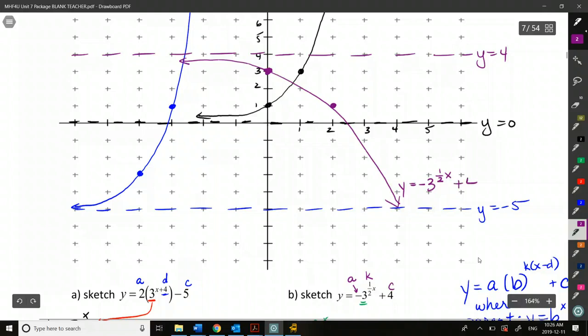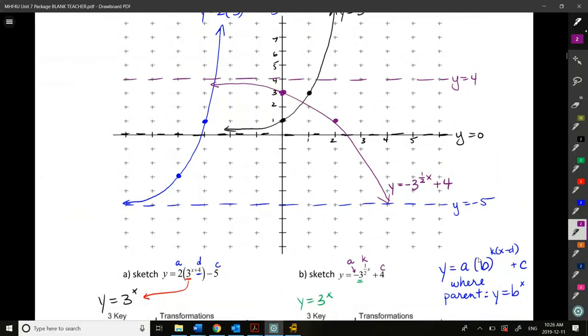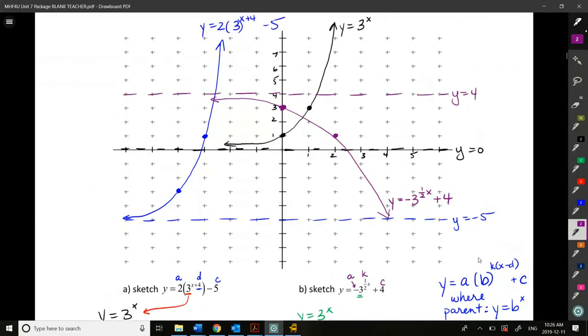So you can think of it like that too. Any questions on these ones? Not too bad, just apply your transformations knowledge to these exponential functions here.